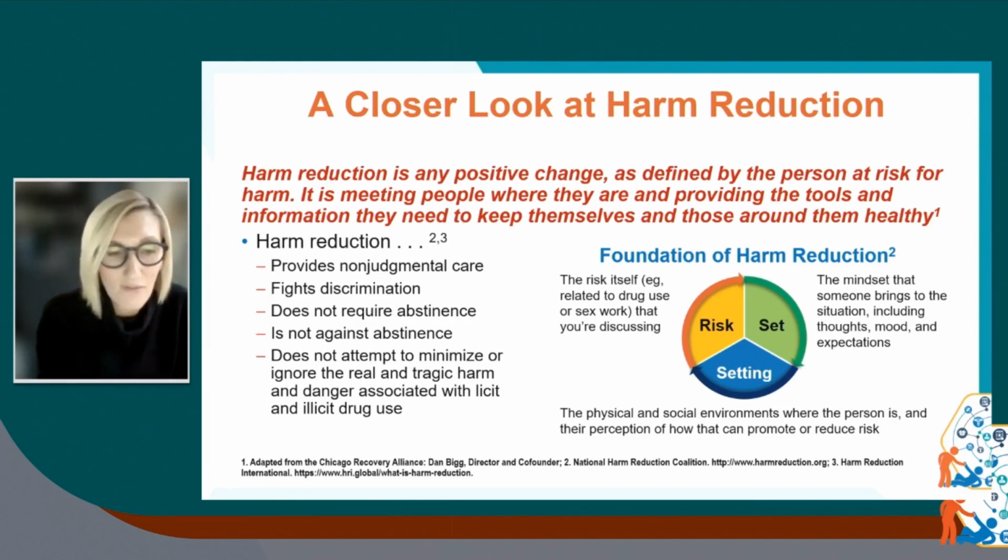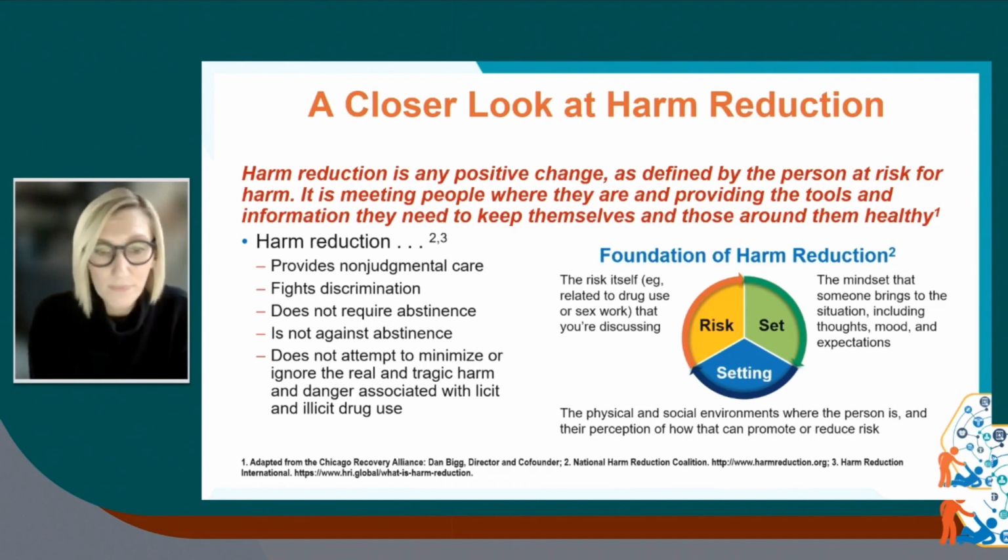So the tenets of harm reduction are to provide non-judgmental care and to do your part in fighting discrimination. It doesn't require abstinence, but it's not against abstinence, and it does not attempt to minimize or ignore real harm and danger that could be associated with drug use.